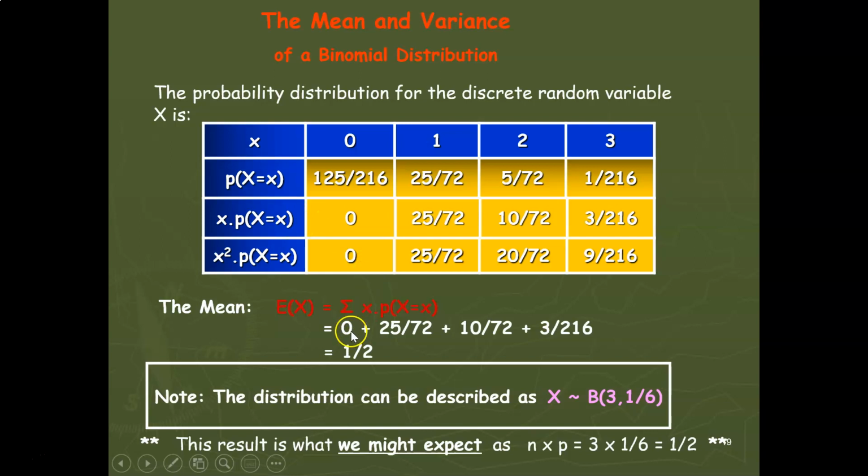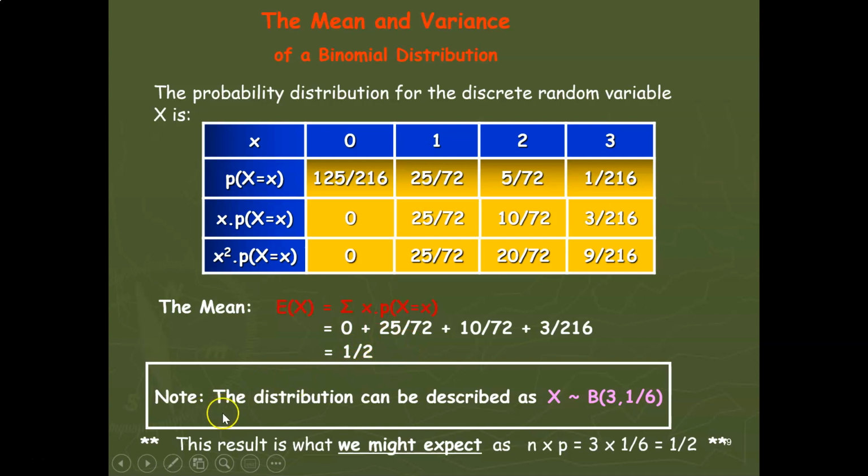Now you have 0 times this, you get 0, and then 25 over 72 times this, and then times 1, and this one times this one times this. Altogether you get 1 over 2.